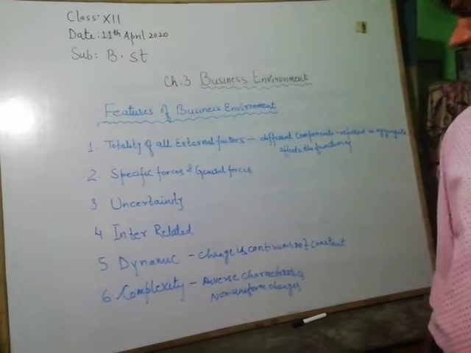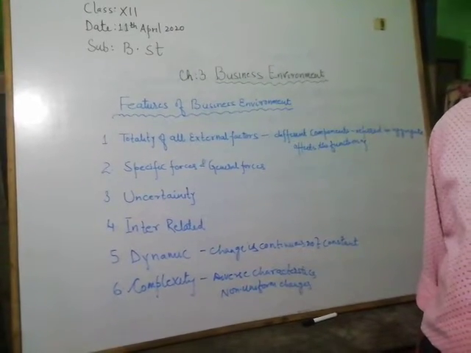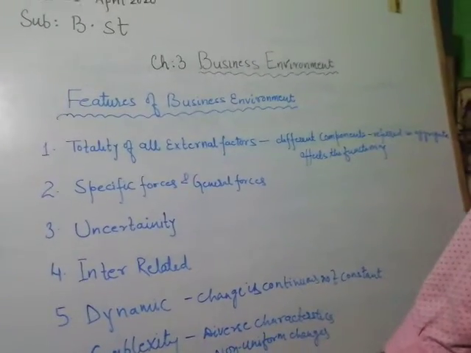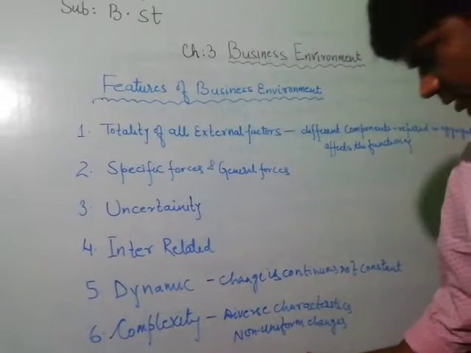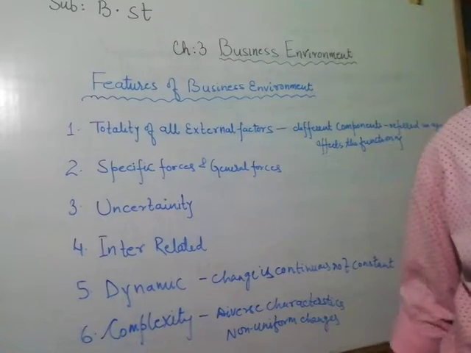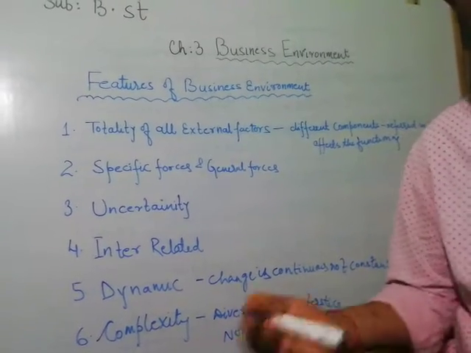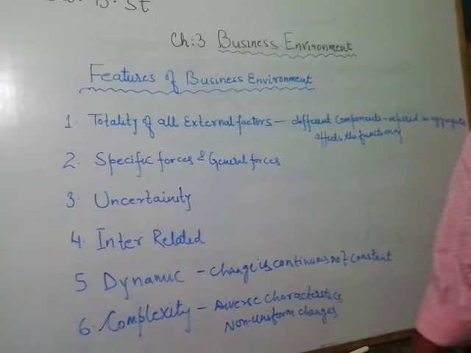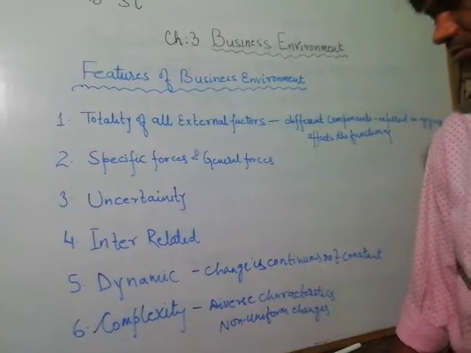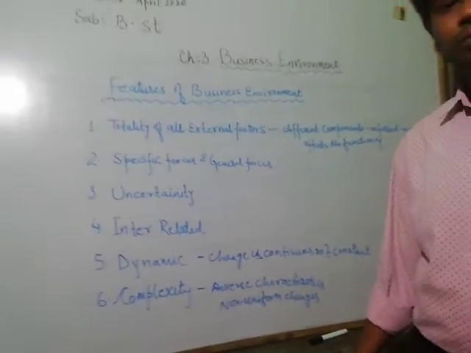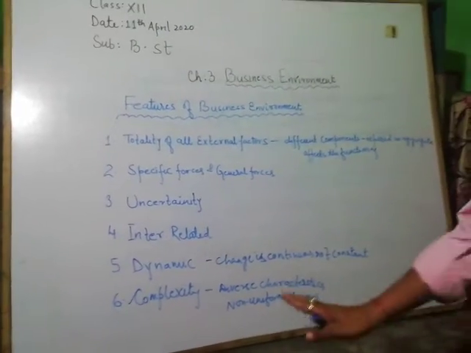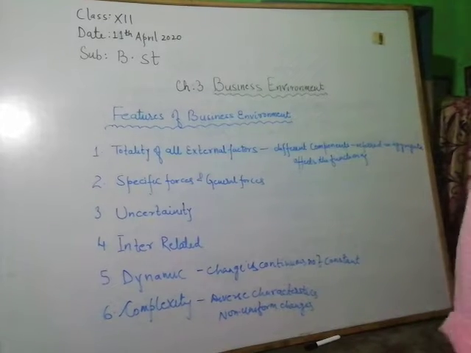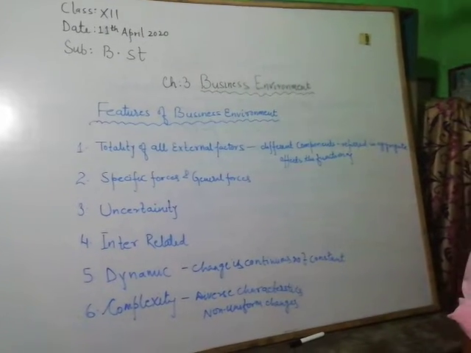It is very difficult to predict the changes. It is non-uniform, meaning the change that is taking place is sometimes too fast, sometimes too slow. Some businesses may be able to assimilate it, some may not. So the change is non-uniform and of diverse characteristics.